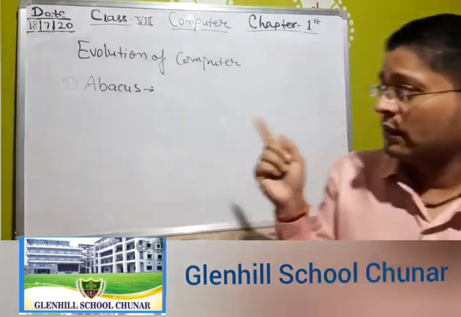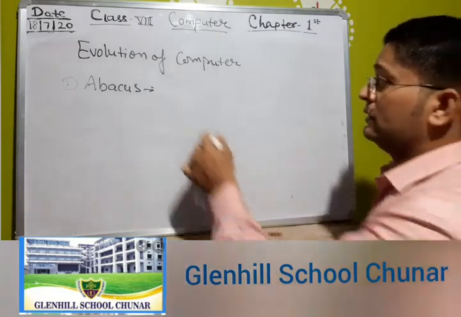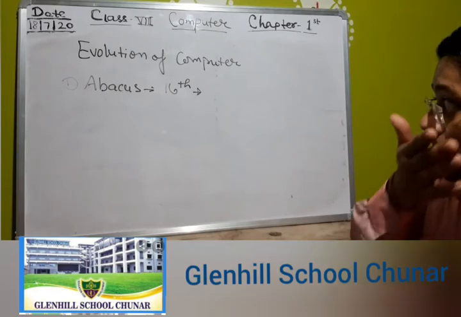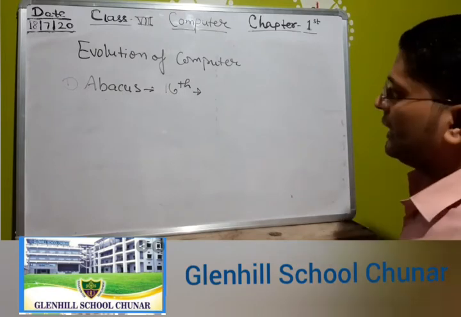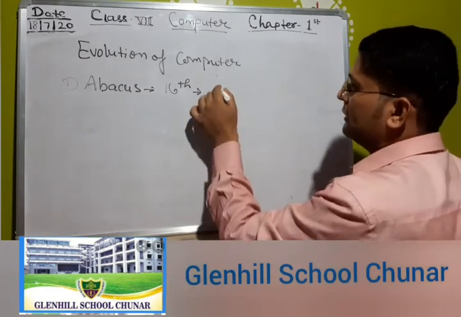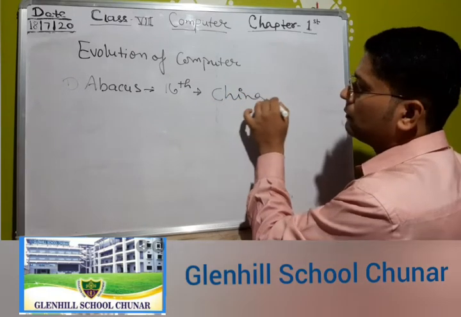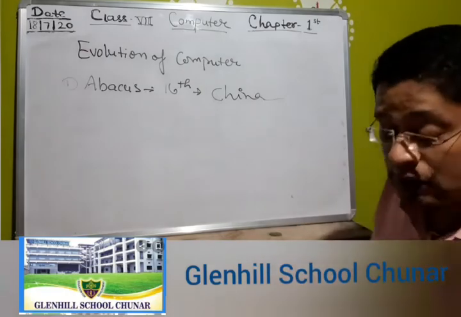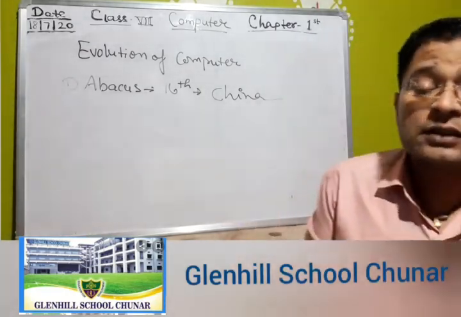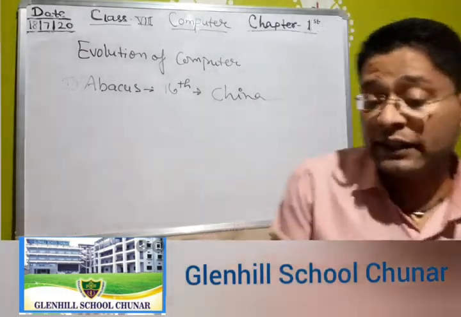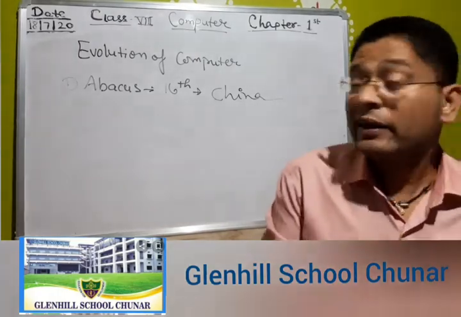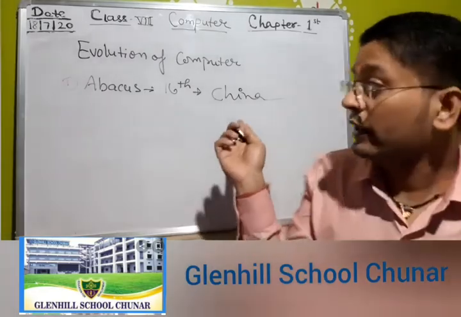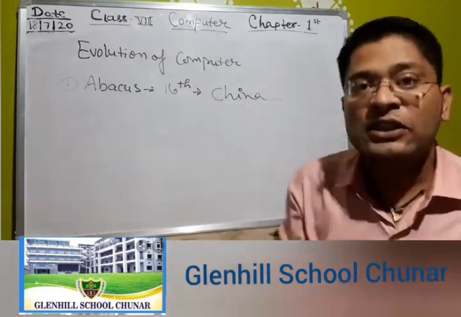Yes, student. So in the 16th century it was developed by China. So this is a Chinese machine. Okay, student? So abacus is the first calculating device and it was invented by the Chinese in the 16th century.